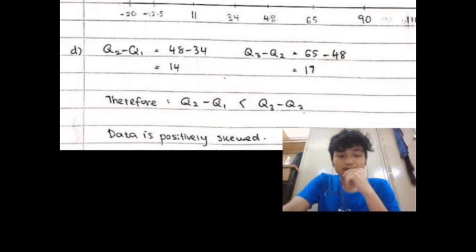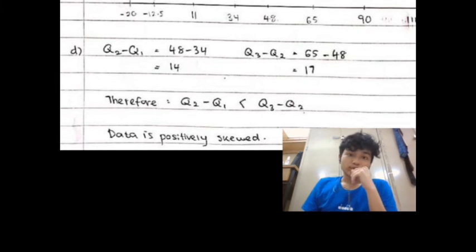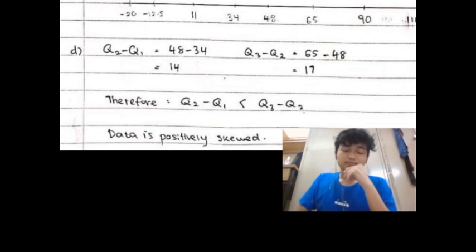For question 1D, in order to determine the skewness of the data, first of all, we subtract the value of the lower quartile from the value of the median, which is 48 minus 34, and finally equals 14. Then we subtract the value of the median from the upper quartile, which is 65 minus 48, and finally equals 17.